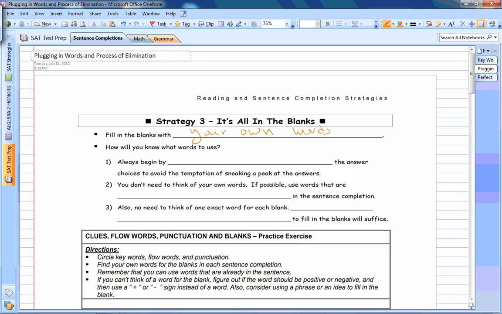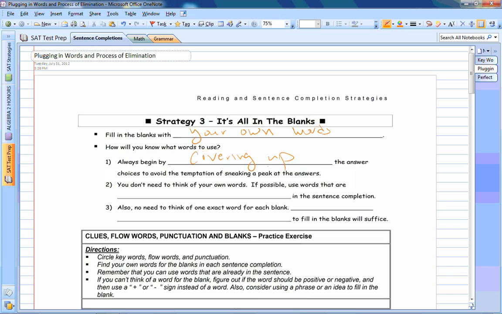Now, how do we do this? I highly recommend that the first thing you do is cover up the choices. Always begin by covering up the answer choices to avoid the temptation of sneaking a peek at the answers. If you look at the choices before you read the sentence, or right after you read the sentence, and then try to think of your own word, the word you put won't be quite as genuine, and your actual answer might be somewhat tainted by what you see in the choices.